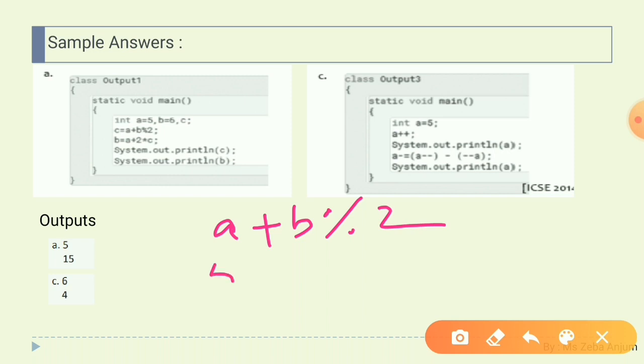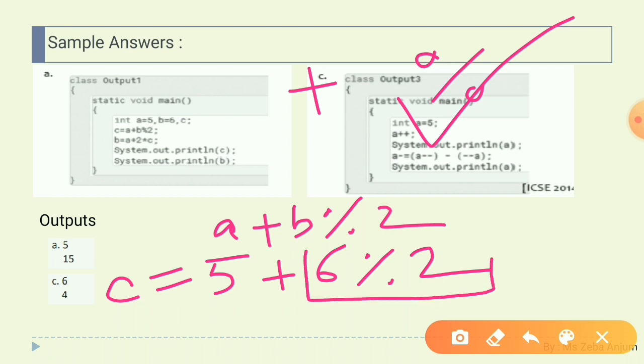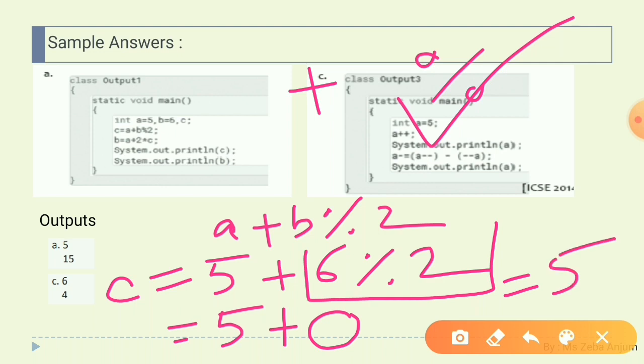The value of A is 5, the value of B is 6 and modulus 2, and the value is stored in your C. Now see over here among your plus as well as your modulus, obviously this modulus has the higher hierarchy, hence this will be executed first or calculated first. So 6 will completely be divisible by 2, hence we are getting 0 as a remainder. So 5 plus 0 becomes your 5, and hence in this System.out.println C line we are getting 5 as an output.